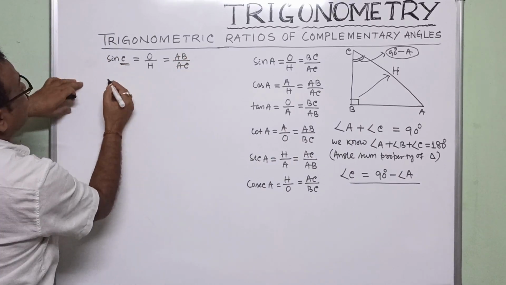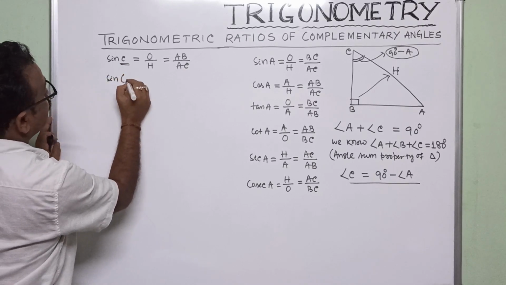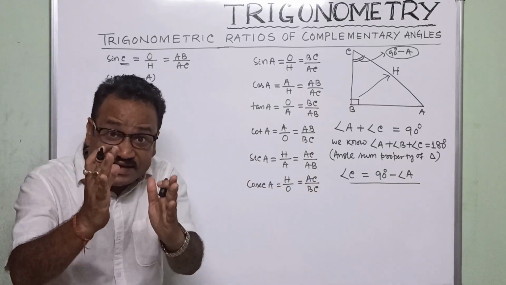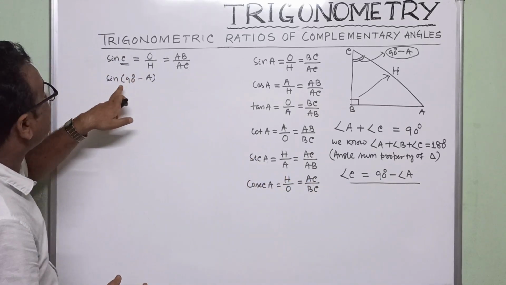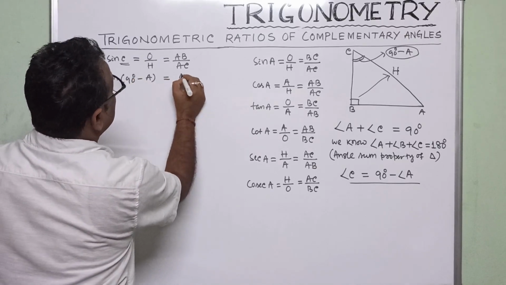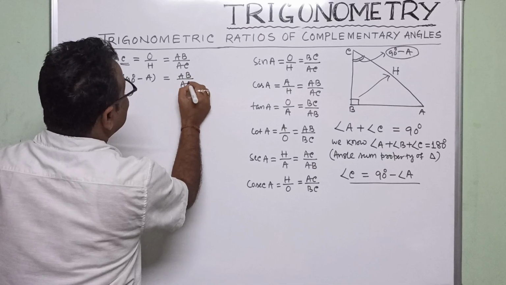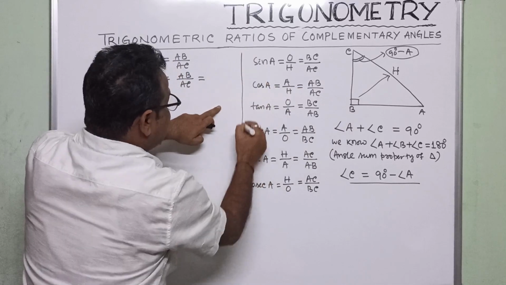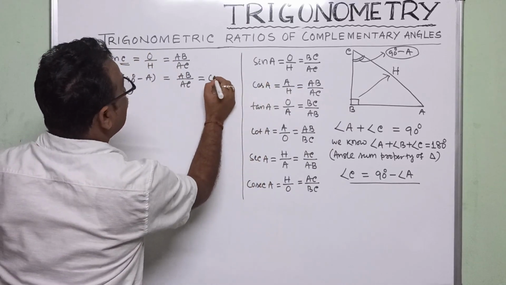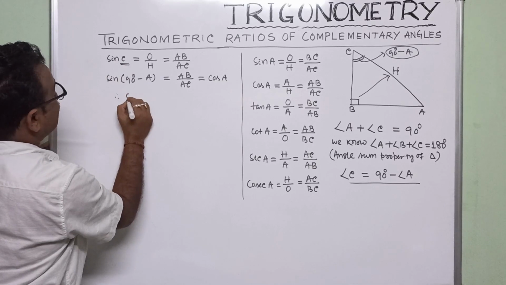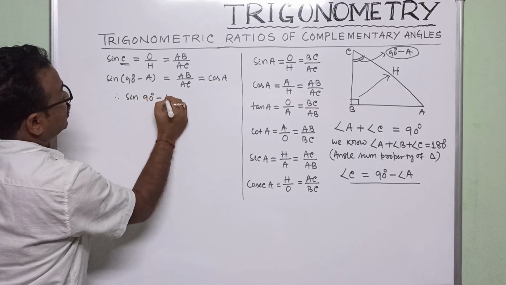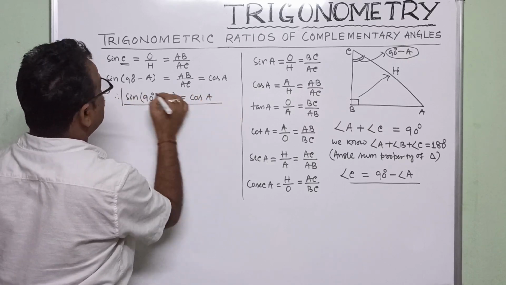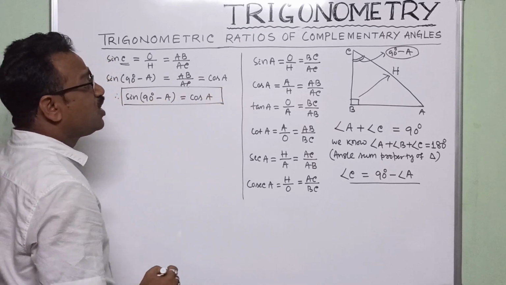But in place of C, I can write sin 90 minus A, because angle C is 90 minus A. So sin 90 minus A is equal to AB by AC. Who is AB by AC? That is cos A. Therefore I can write sin 90 minus A is equal to cos A.